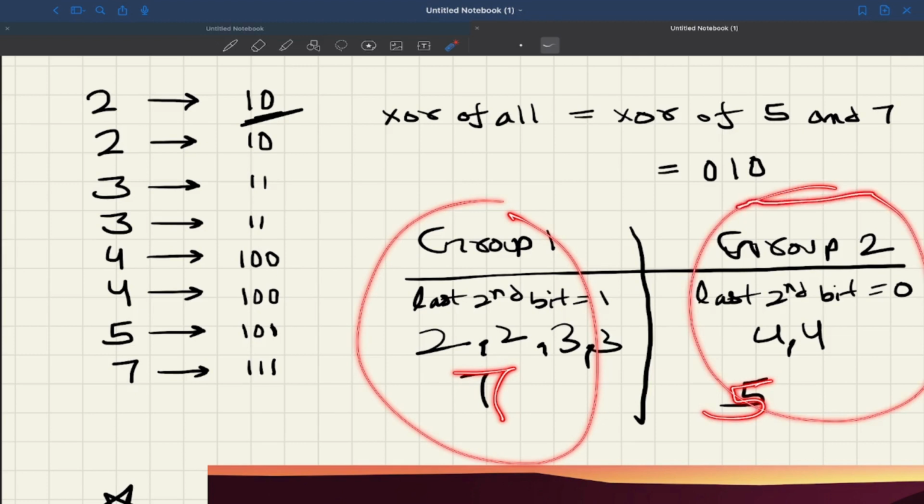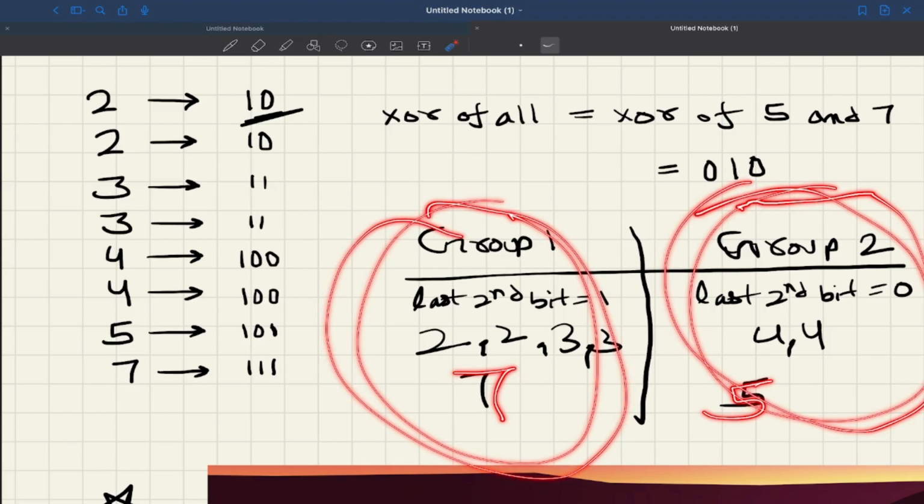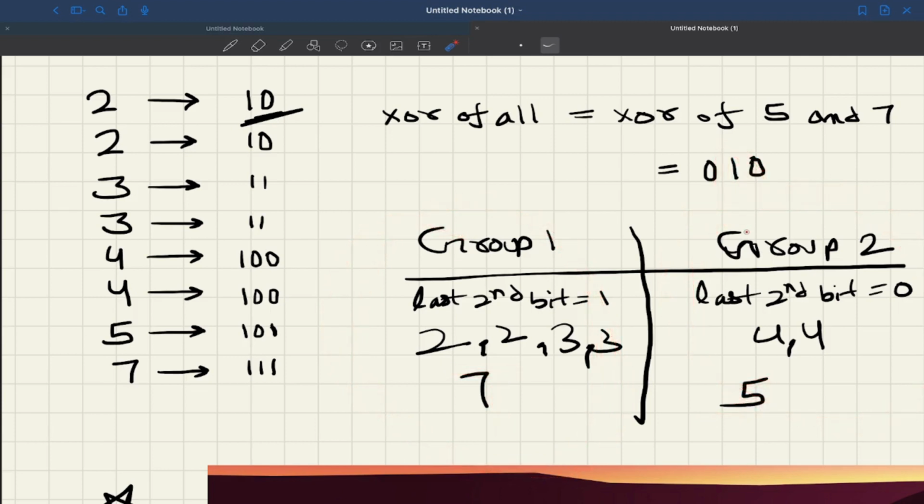So I have segregated 7 and 5 on the basis of this kth bit, the rightmost set bit. All those values whose bit is 1, place them in group 1. All the values whose bit is 0, place them in group 2.